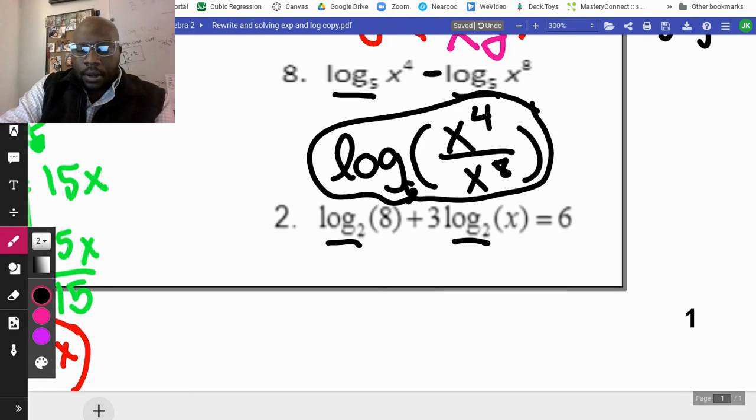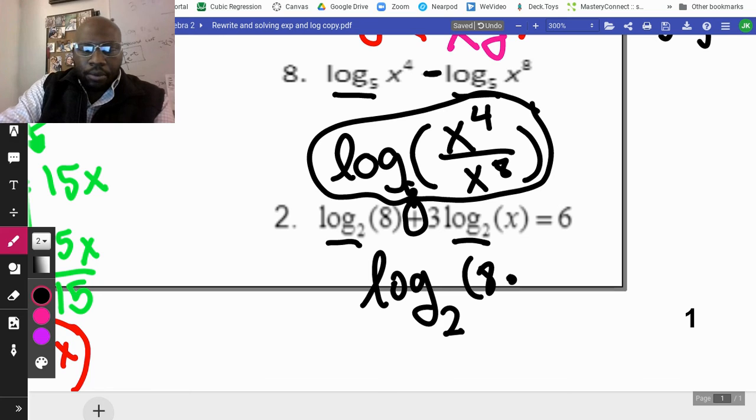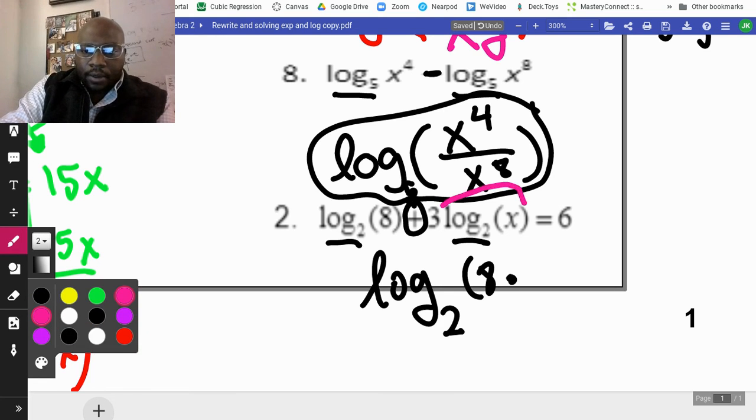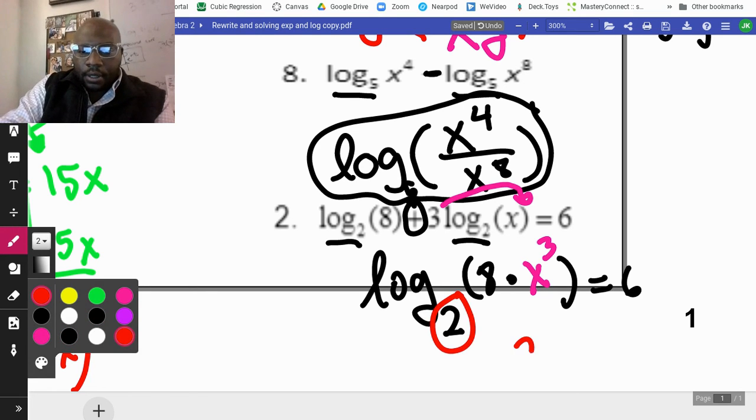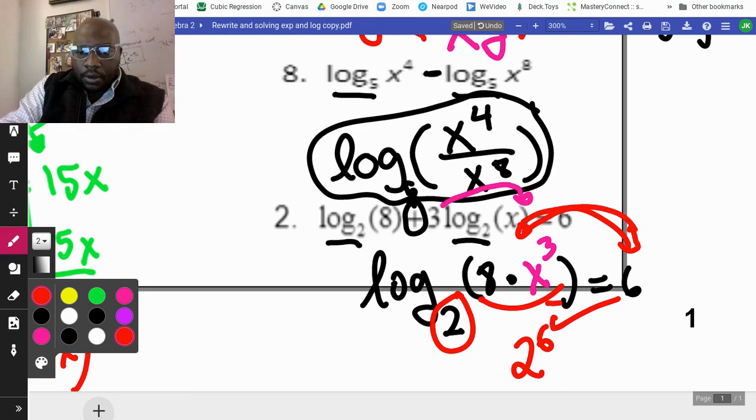So we can take care of the left side by rewriting it in this one. Because it's being added, I should have 8 times, bring that 3 back to the top, times x cubed, equals 6. Now you can keep the base and swap it with these, meaning the 6 comes here and all of this goes on the outside, 8x cubed.